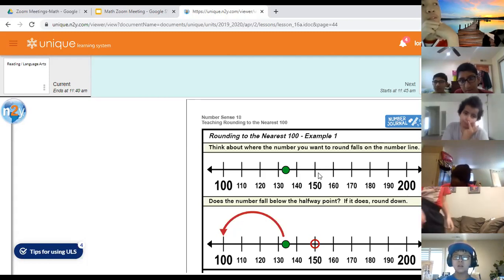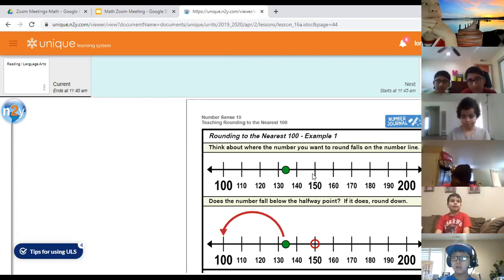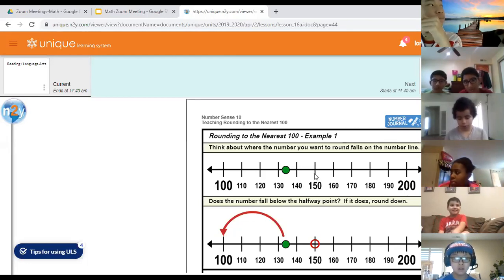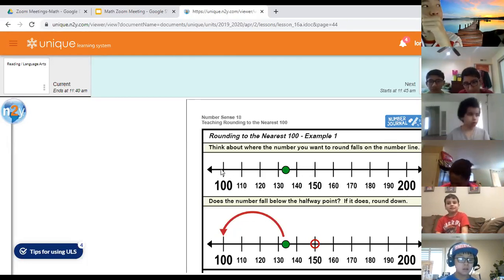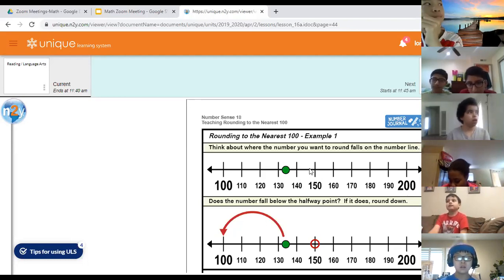Okay, so this is the midpoint or halfway point. So where do you see the dot? On your left, right? So all numbers from 100 to 149 are numbers below the halfway point.